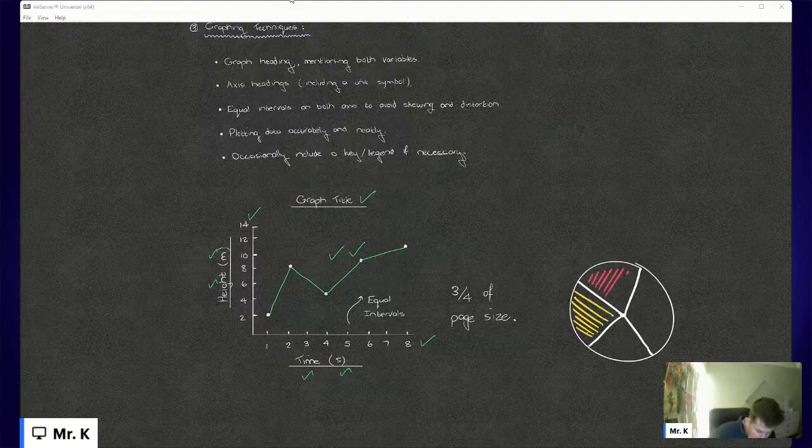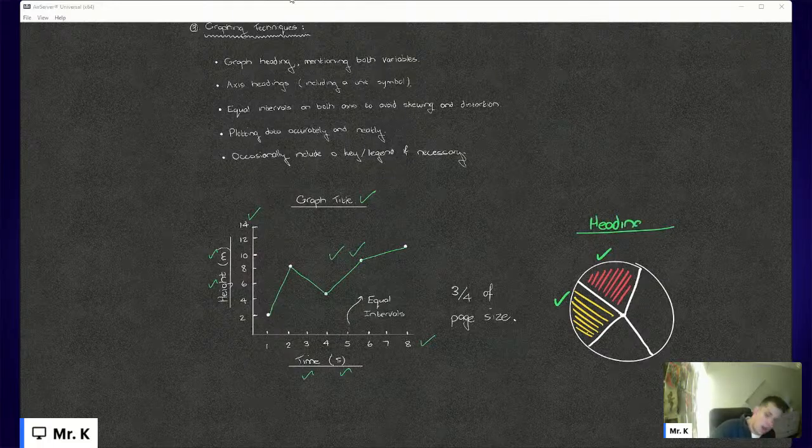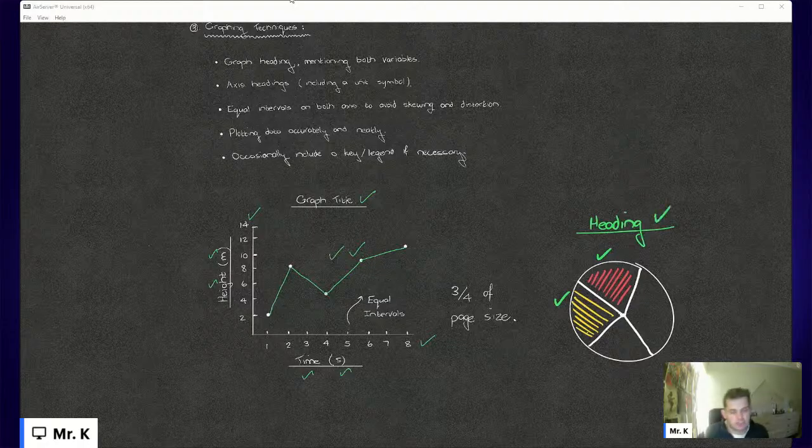But I would still get marks for correctly sizing each of the sectors. I would still need a pie chart heading overhead, which would be worth more marks. So there are certain things that are going to remain consistent even when we draw other kinds of graphs.